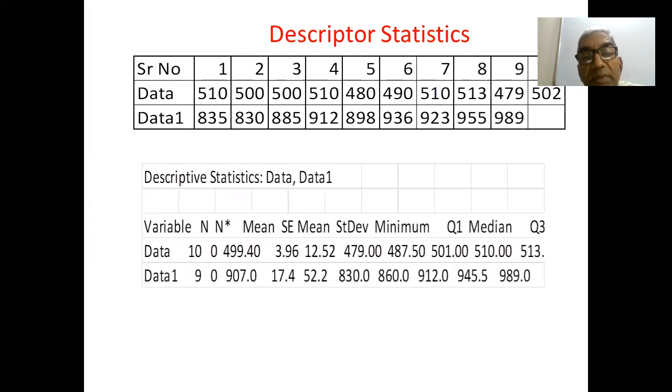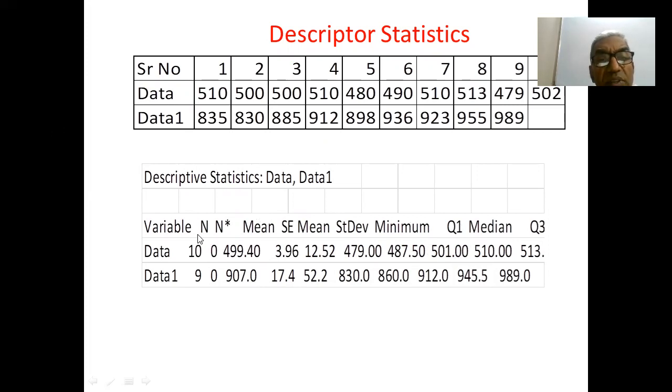So first is the descriptive statistics. Here we get this analyzed by Minitab. N is 10, then mean is 49.40.